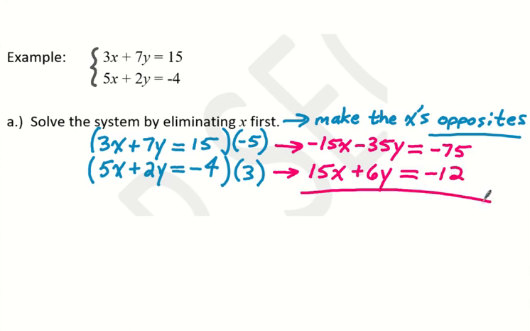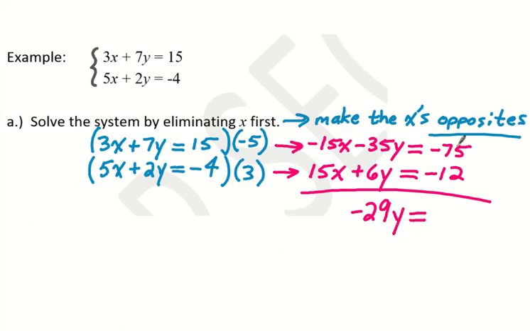But at least my two new equations have opposites with the x's. So those are going to add up to 0, just like I planned. Negative 35y plus 6y is negative 29y.